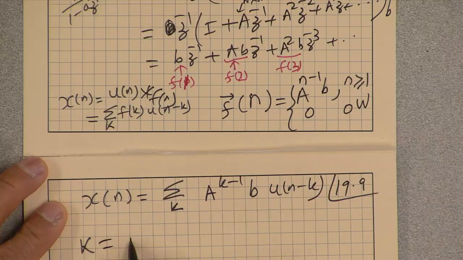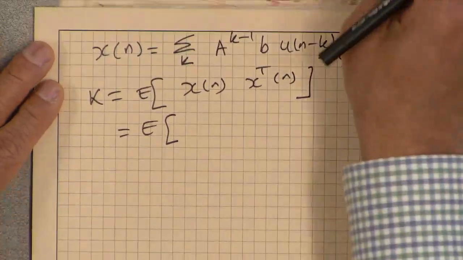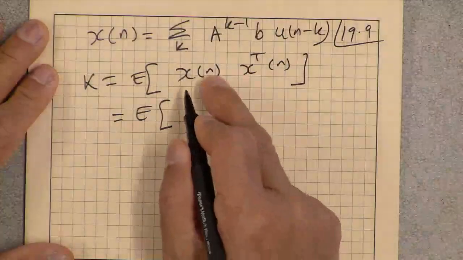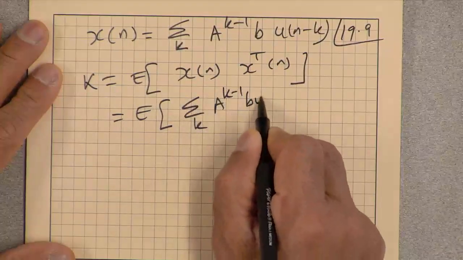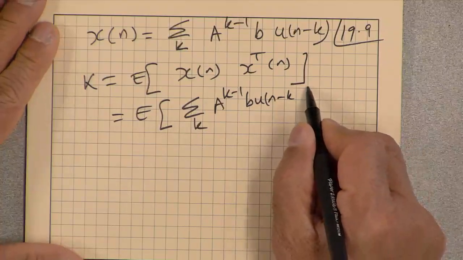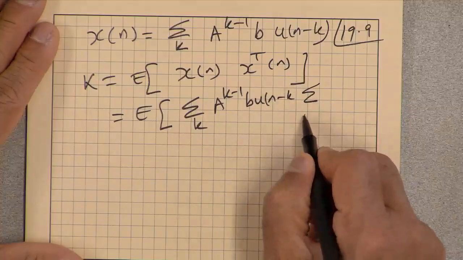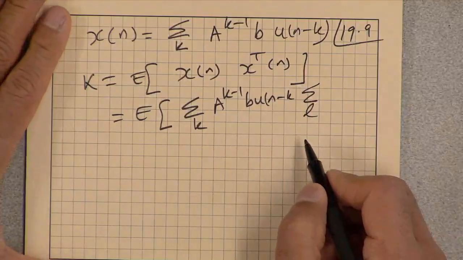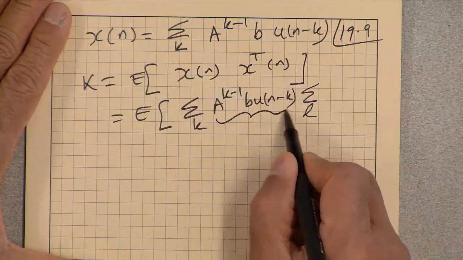So K is equal to the expected value of X times its transpose, and that is going to be the expected value of this X, the sum over all k of A^{k-1} B u_{n-k}, times the transpose of, so now I can take another index l, and then take the transpose of this.